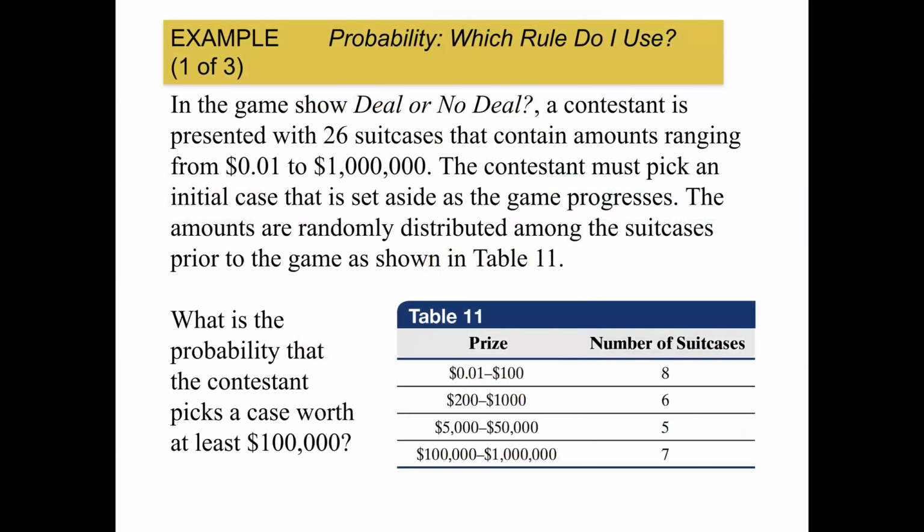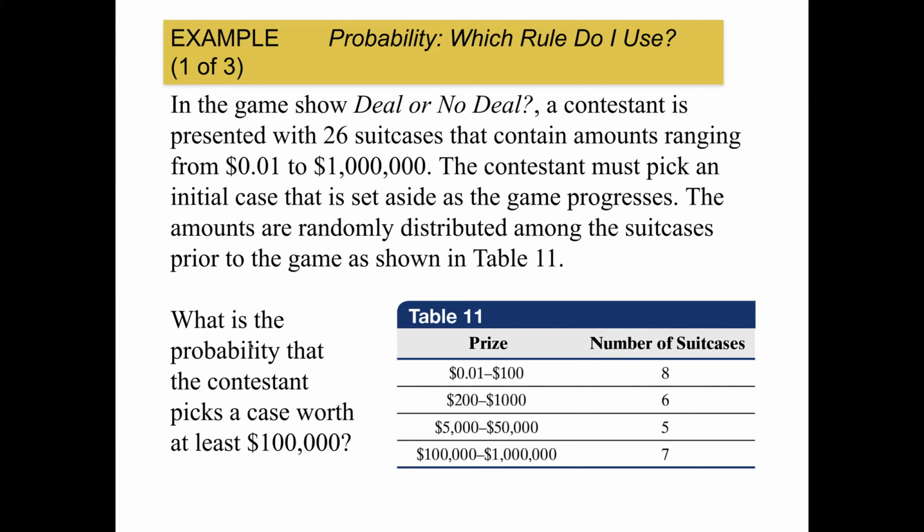So, example, Deal or No Deal. Here's the construct. 26 suitcases. They have 1 penny to $1 million in the suitcase, and the contestant gets to pick a case.